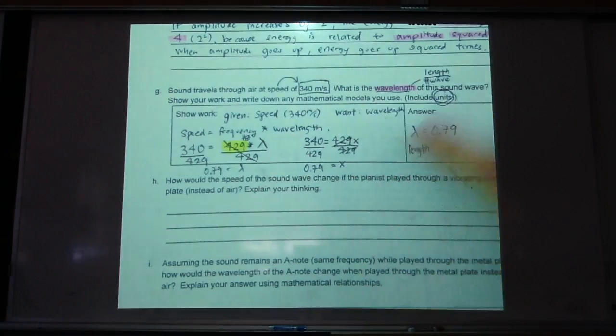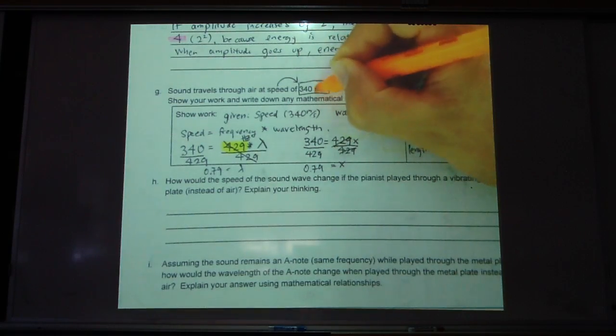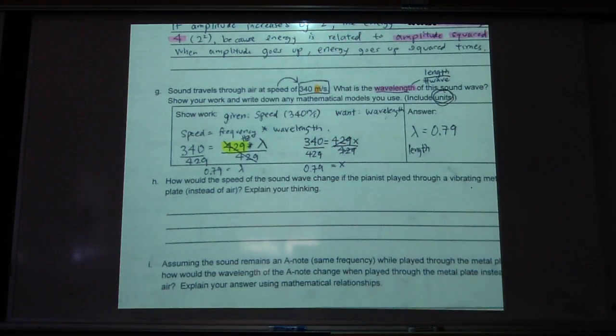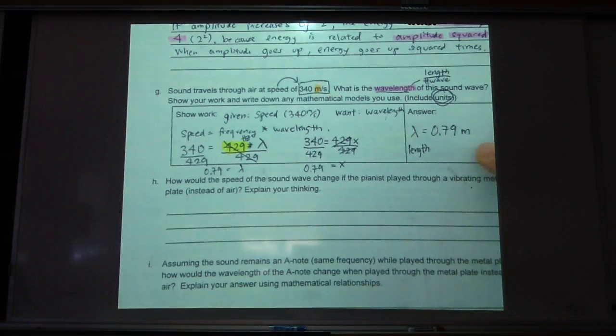And the only thing here that has anything to do with length is the meters right here. So the units for wavelength in this problem will be meters. Meters is not always the units for wavelength, but in this case, because it's meters per second, that becomes your wavelength.